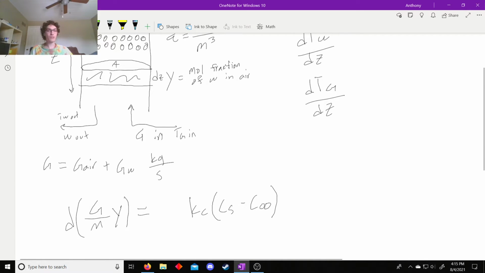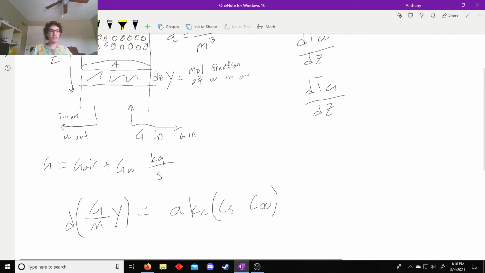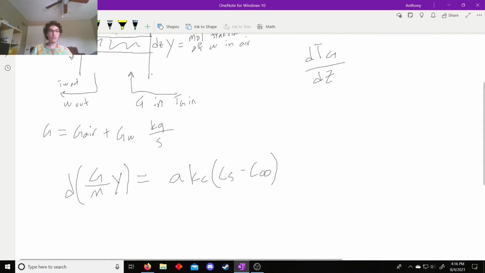So what we'll need to do is multiply here by this A, which is, oops, there we go. So this A is from the packing, and this relates the volume of this box here to the area where the interactions between the air and water and the evaporation actually takes place.